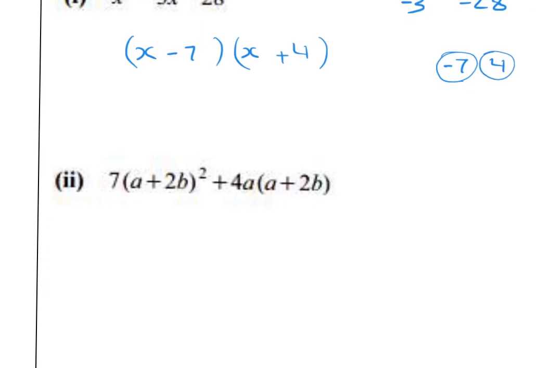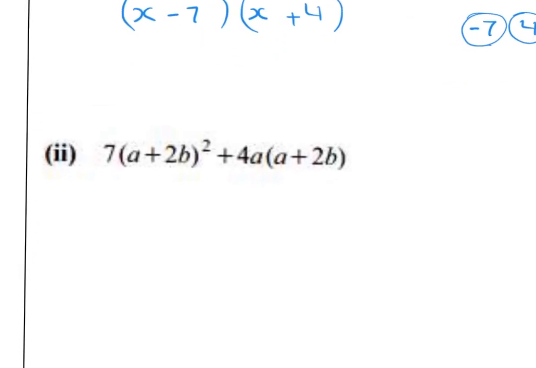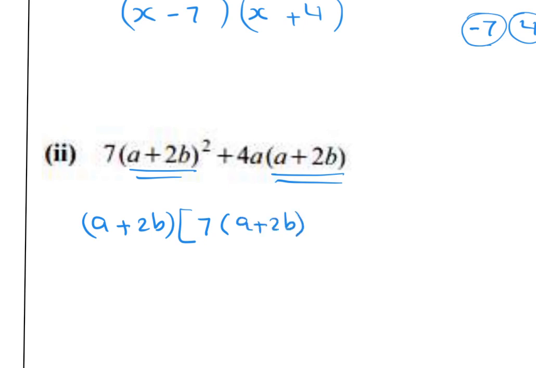For the next one, do we have a common factor? This bracket is common, so we can take this bracket as a common factor. Now you have 7 times one bracket, which is a plus 2b, plus 4a.